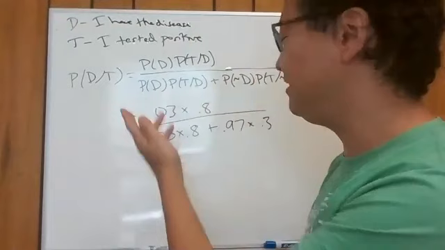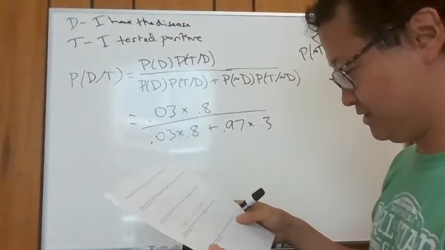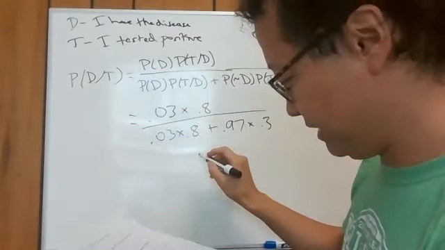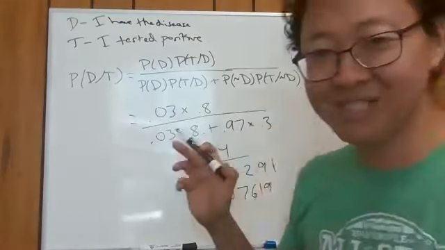So I wrote the answer here. 0.03 times 0.8 is going to be 0.024, divided by 0.024 plus 0.97 times 0.3, which is going to be 0.291. Put all this together and it's going to be 0.07619.